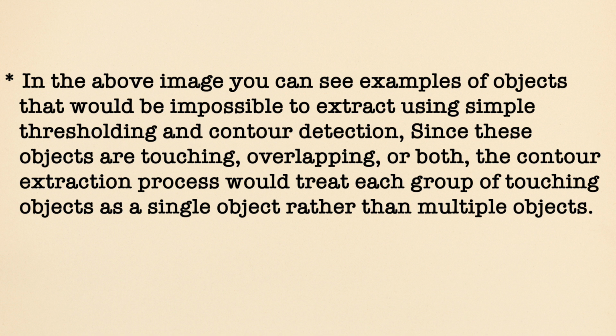Since these objects are touching, overlapping or both, the contour extraction process would treat each group of touching objects as a single object rather than multiple objects. So that's why we cannot extract each coin as a separate object, because these methods take it as a single object.